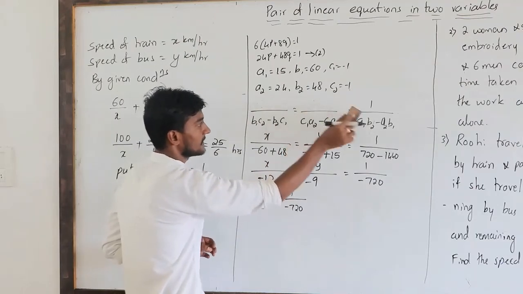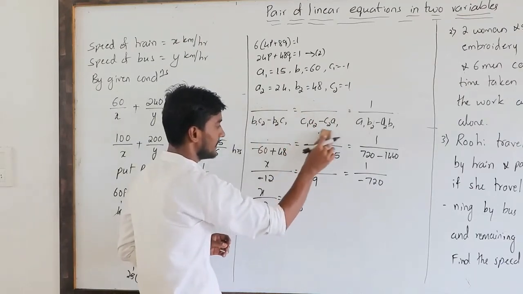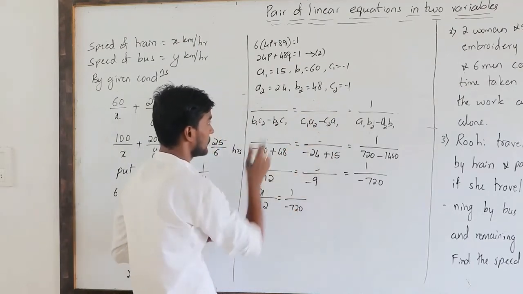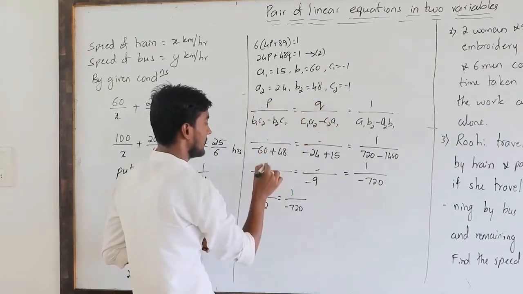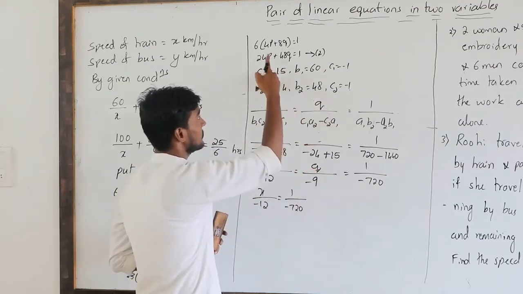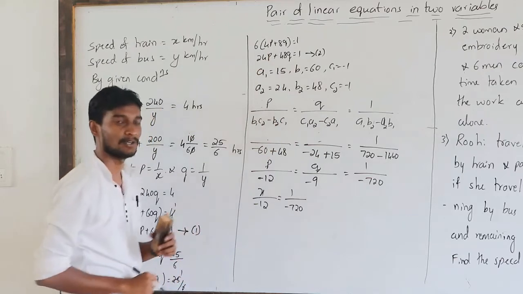So in all these are other mistakes here. You have to consider these x and y as p and q, because we need to find p and q, because here the coefficients are p and q, not x and y.